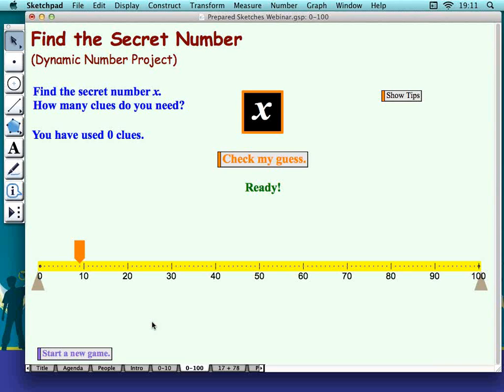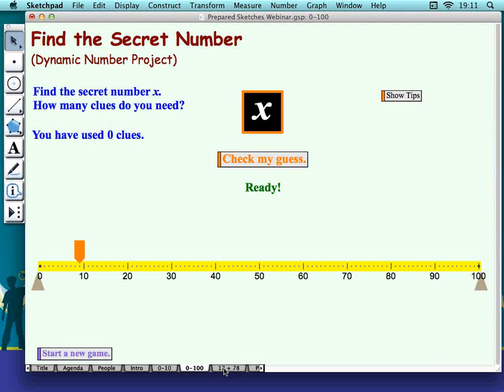I've used this one with second graders. That's an interesting question. I think that's another activity we ought to write. We ought to write an activity that extends this to negatives and to fractions. Why not? That would be fun.